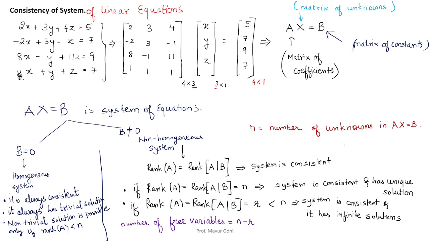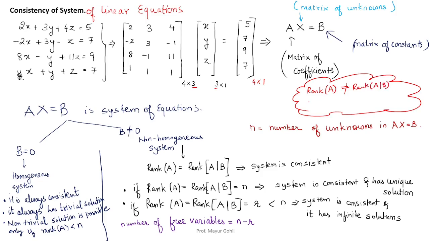That is, if rank A is not equal to rank AB, it implies the system is inconsistent.